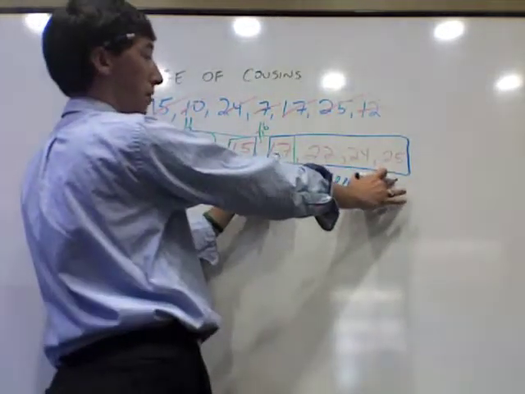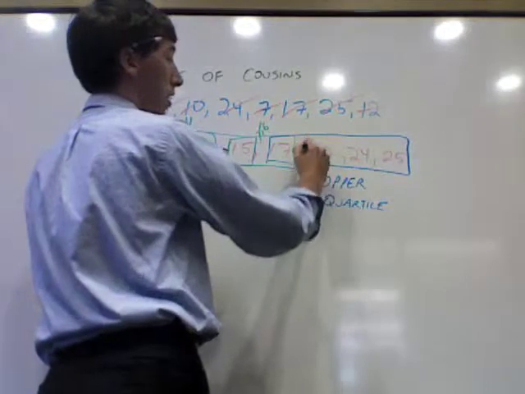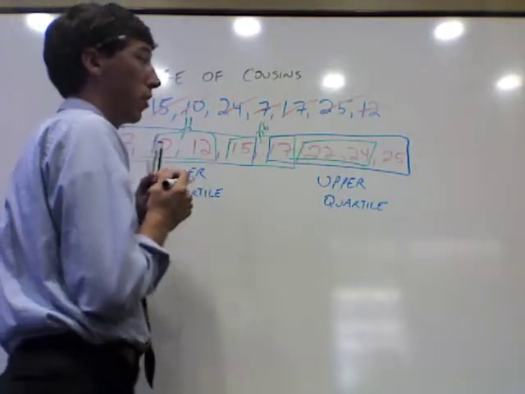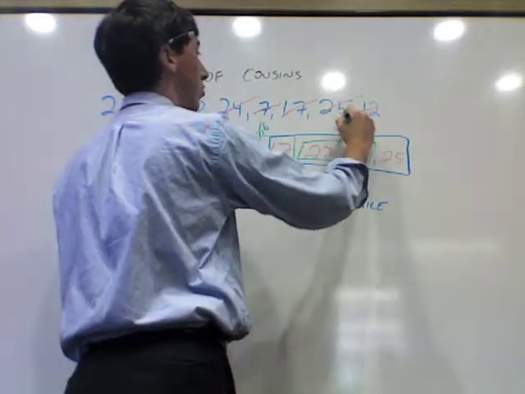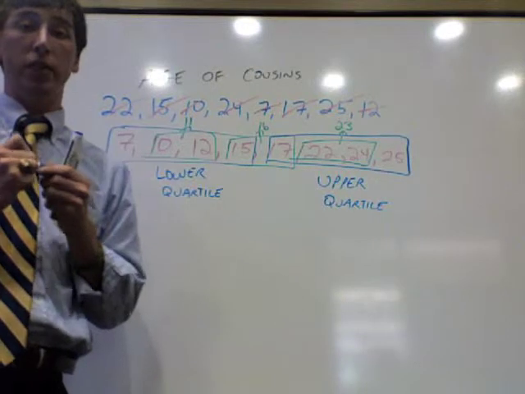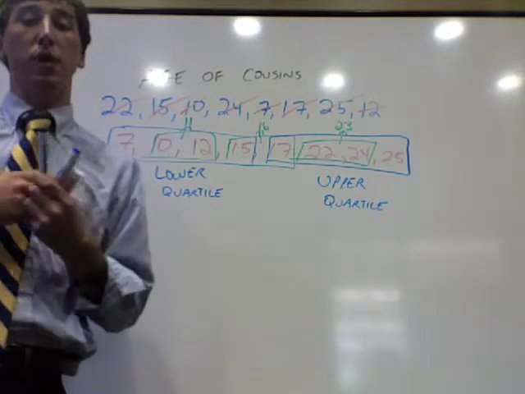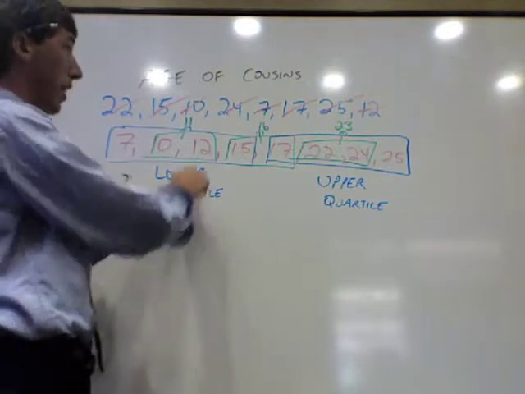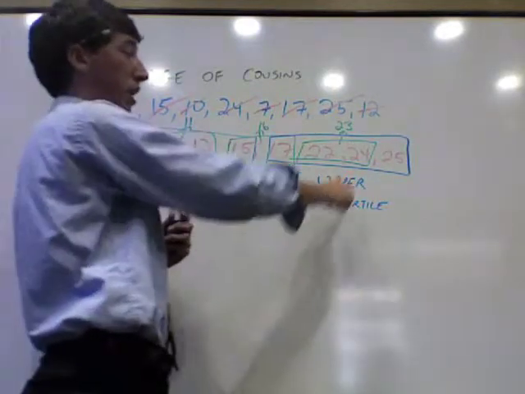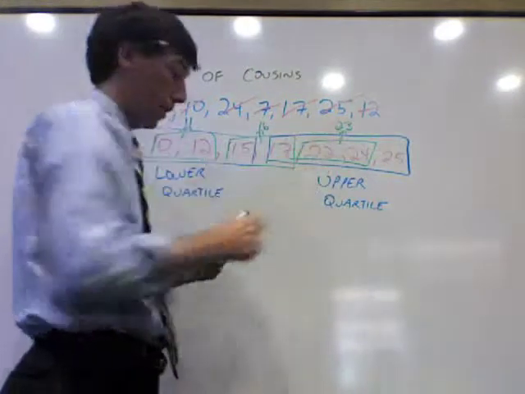Looking at my upper half of data, the median of 22 and 24 is 23. So now I have 3 of the important numbers that I need for a box and whisker. My lower quartile is 11, my median is 16, and my upper quartile is 23.